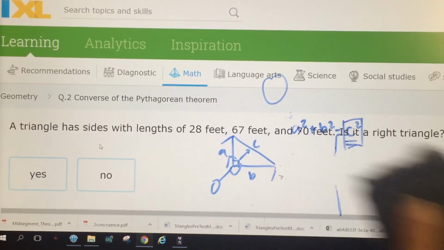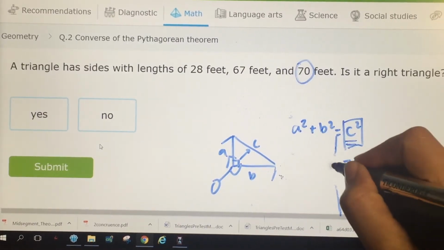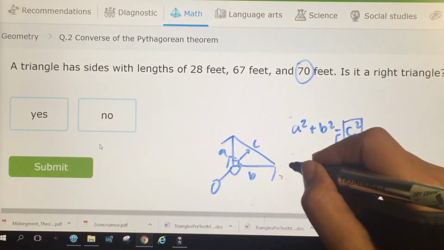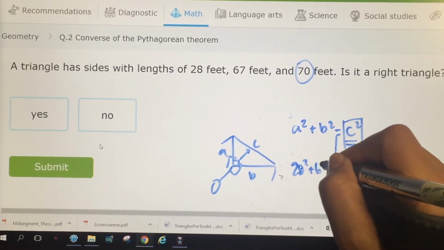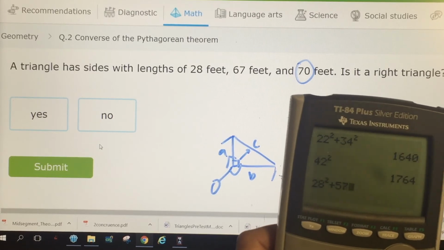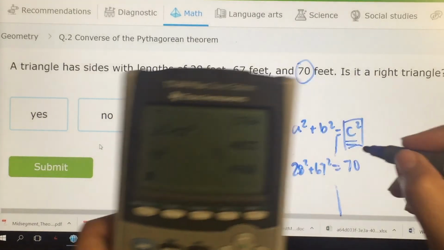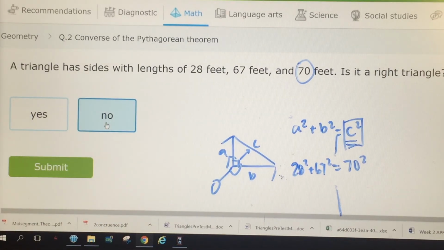All right, so again, find the longest side. So the longest side is 70, and A and B don't matter, so 28 squared plus 57 squared, and that's equal to 70 squared. Are those the same? No, they're not. So that is not a right triangle.